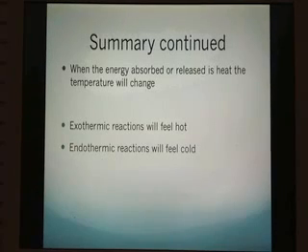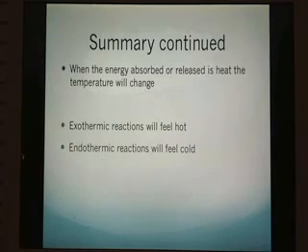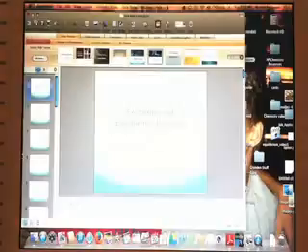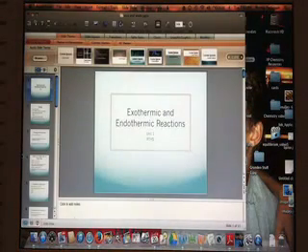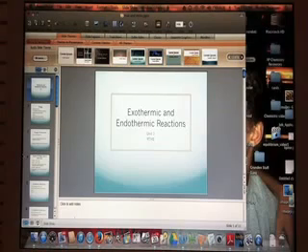And so to us, it's going to feel hot. An endothermic reaction, on the other hand, where it will be absorbing energy from the surroundings, is going to feel cool because it's taken the heat away from the surroundings. So I hope you have a better understanding of exothermic and endothermic reactions and are ready to do the lab.